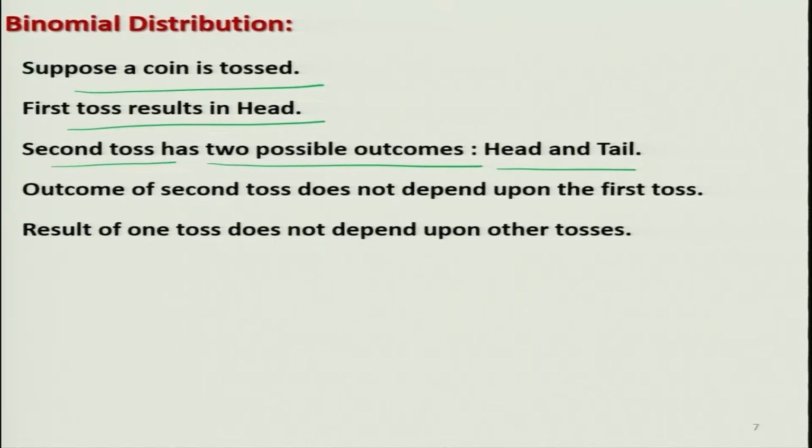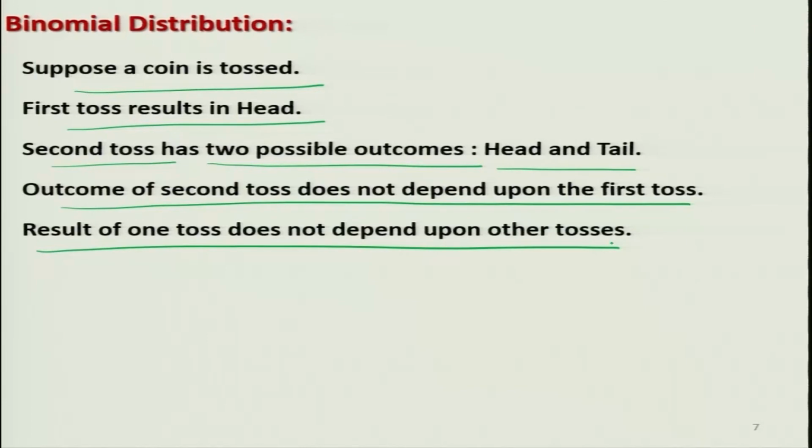And one very important characteristic is that the outcome of the second toss does not depend upon the outcome of the first toss. The same story continues if you continue to toss the coin. The outcomes of a given toss do not depend on the outcomes of the earlier tosses, right. So, in general I can say that the result of one toss does not depend upon other tosses.